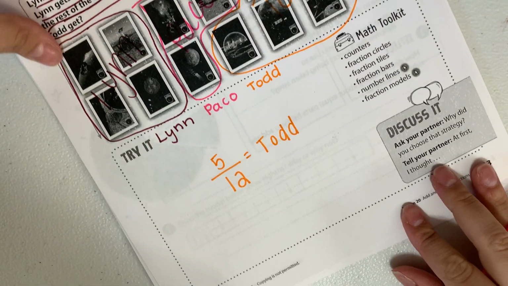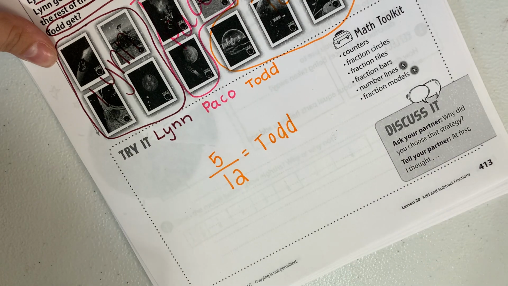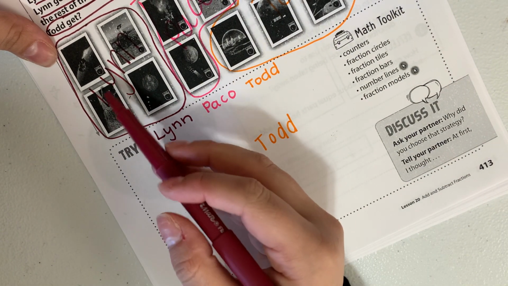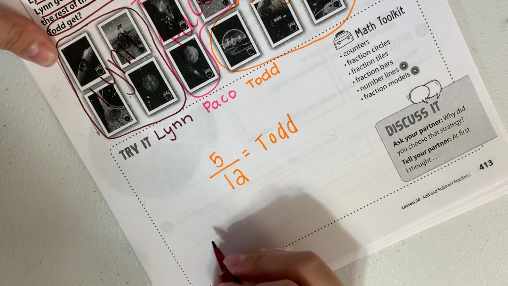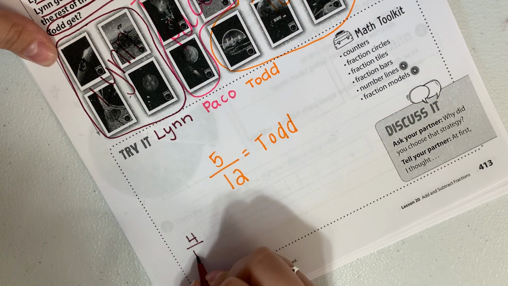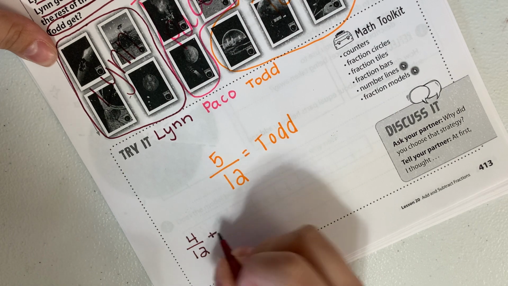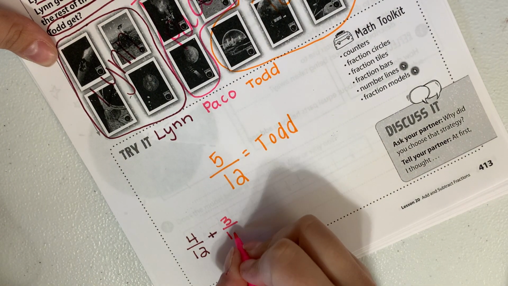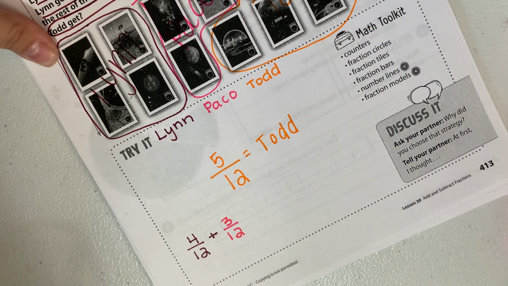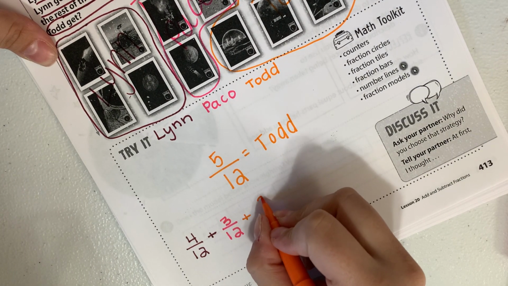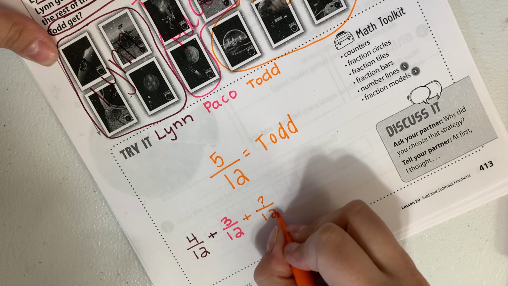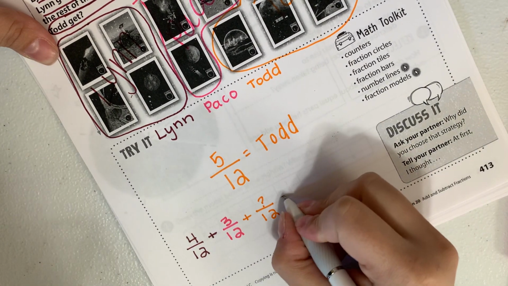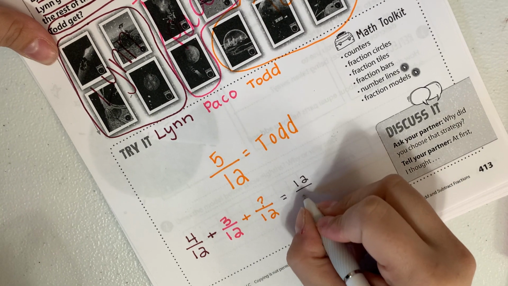However, there's another way we can go about solving this. We can take the fraction for each of these children and add them. So Lynn has 4 out of 12, plus Paco had 3 out of 12, and then we have an unknown for Todd, right? Equals 12 out of 12.